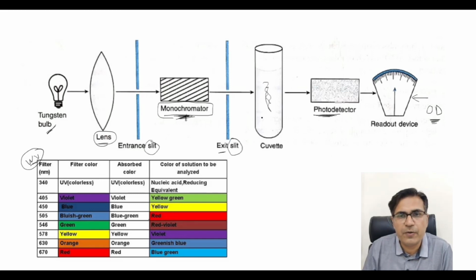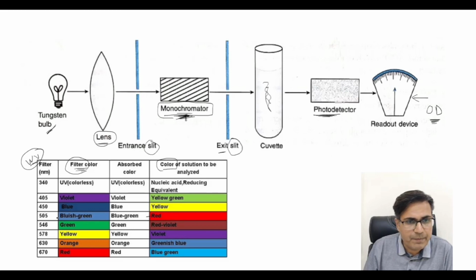Suppose we have a red color solution, so we will keep a colored filter paper, that is the monochromator. The monochromator is nothing but colored gelatin paper or colored glass. If the color of the solution is red, then we keep the bluish green filter, the bluish green monochromator. So 505 nanometer light will be passed through this solution.